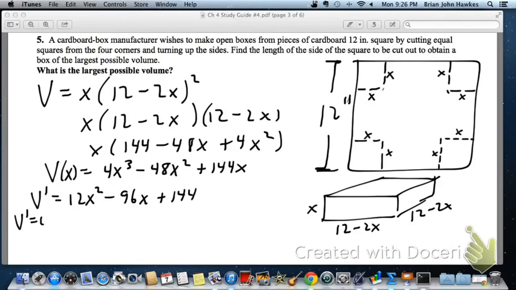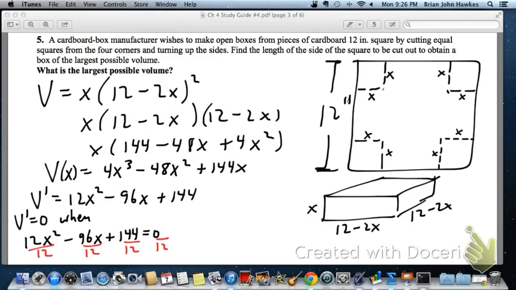So v prime is equal to 0 when 12x squared minus 96x plus 144 is equal to 0. And again, we can divide every term by 12. So we can reduce our amount of work that we have here.